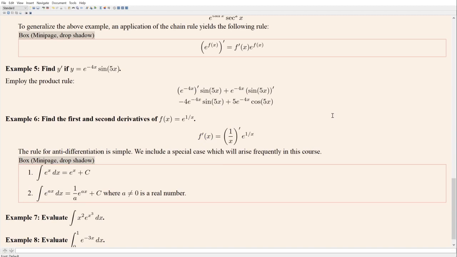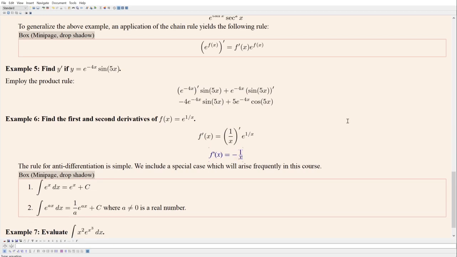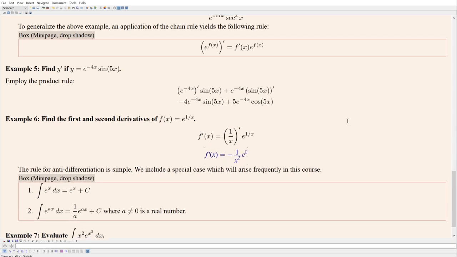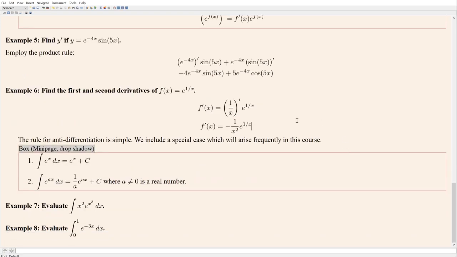Differentiate 1 over x and just put that in front. So this is x to the power minus 1. By the power rule, this is minus x to the minus 2, or minus 1 over x squared. So that is the first derivative.